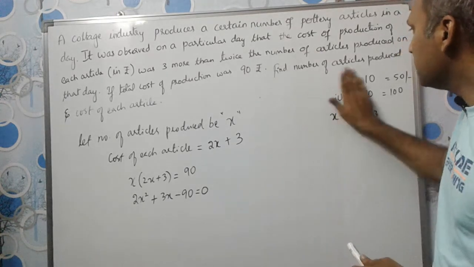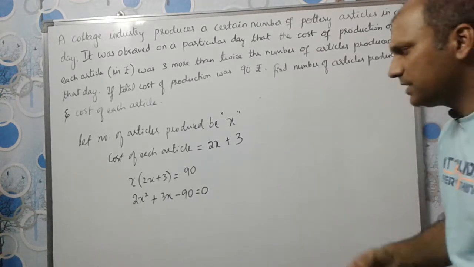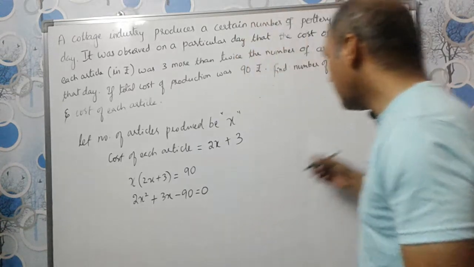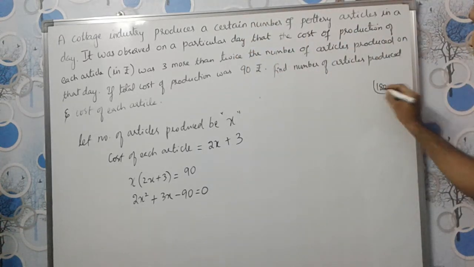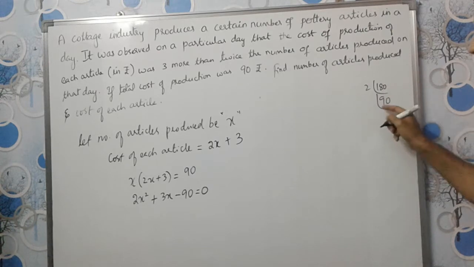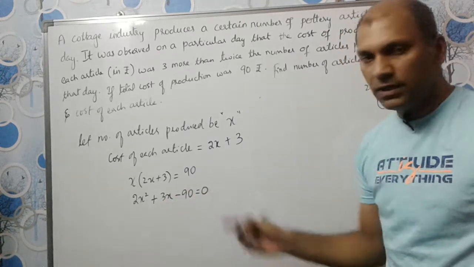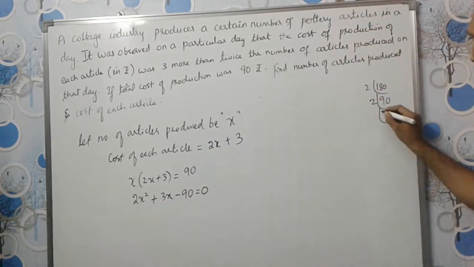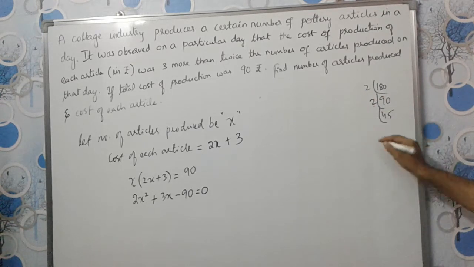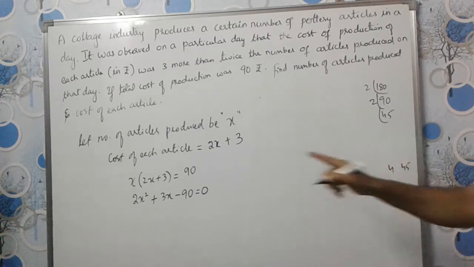Now let us simplify this equation using the factorization method. 2 into 90 is 180. Factors of 180: will 2 and 90 give us the middle term plus 3? No. 4 and 45? Will it give us plus 3?